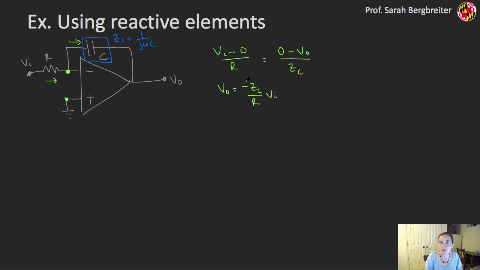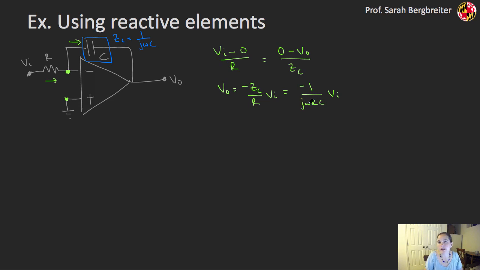So it's my standard inverting amplifier configuration, but in this case, it's not just resistances, I have a complex amplification. And if I substitute this value in here for that complex impedance, I'm going to get minus 1 over j omega RC times Vin. This is in the frequency domain, right?